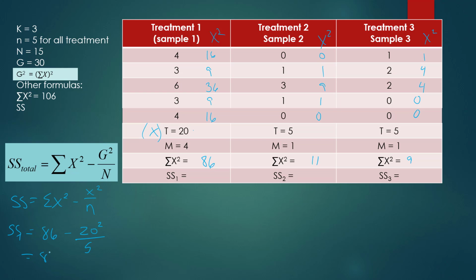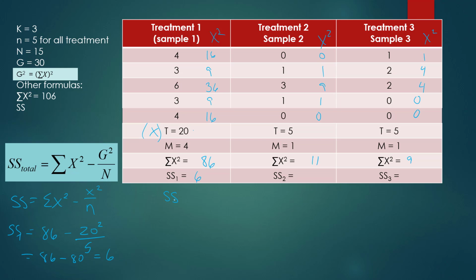So it'll give us 86 minus 80, which is going to give us a value of 6.